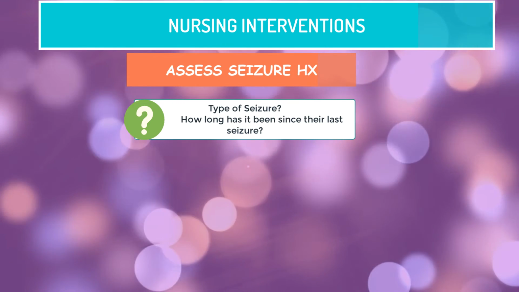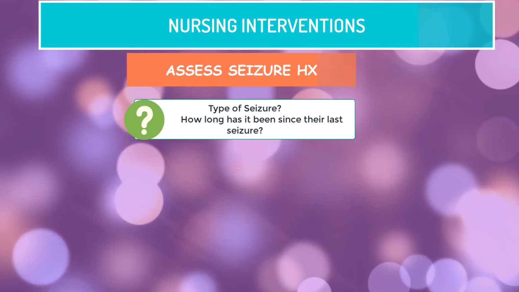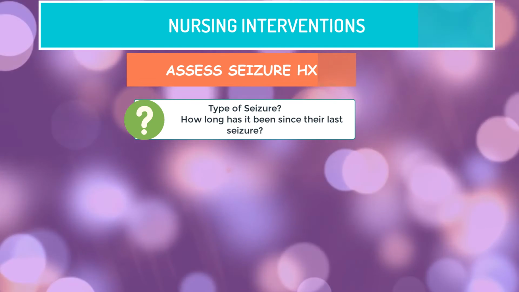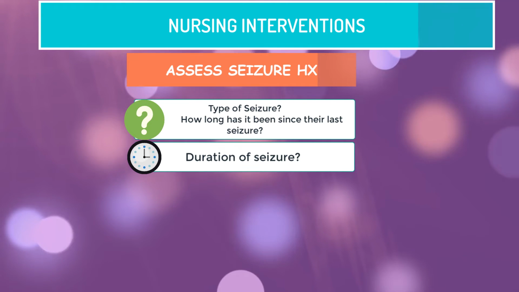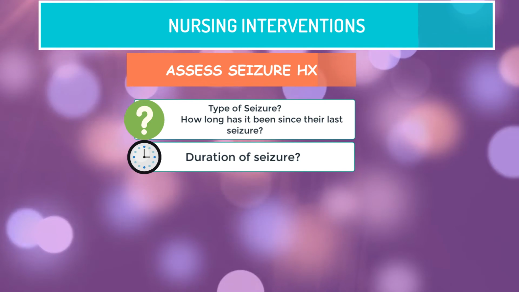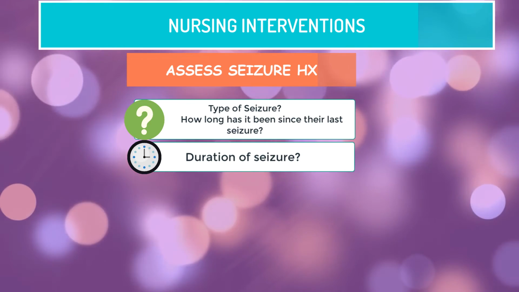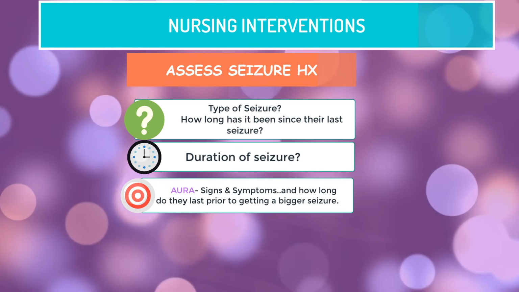It is super important to assess a seizure history on your patient. If you already know that they've had a seizure in the past, you want to ask them what type of seizure they had and how long it has been since their last seizure. This will give you such an important piece of the puzzle because you are able to prepare ahead of time. You want to know how long these seizures last for your patient.